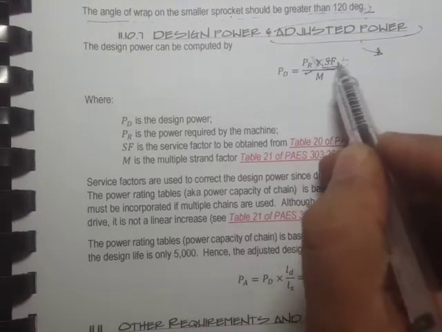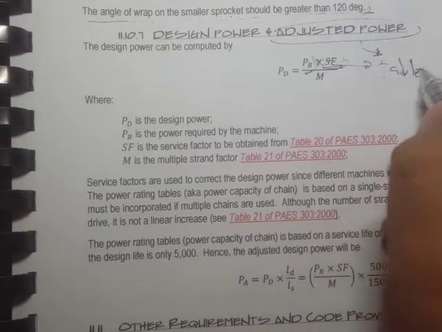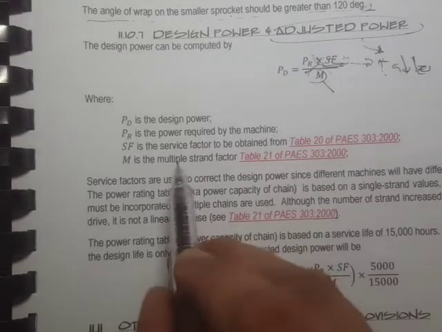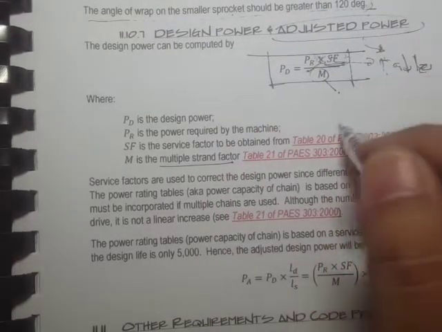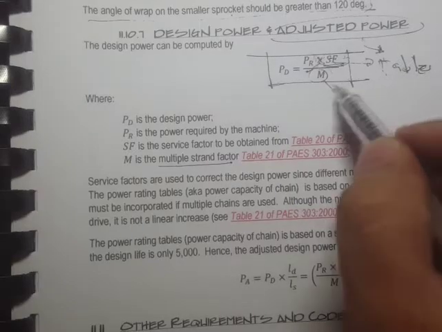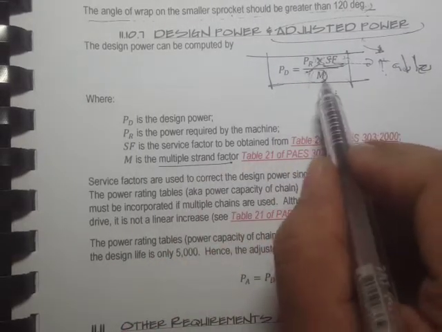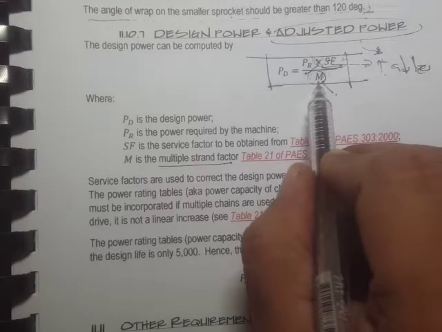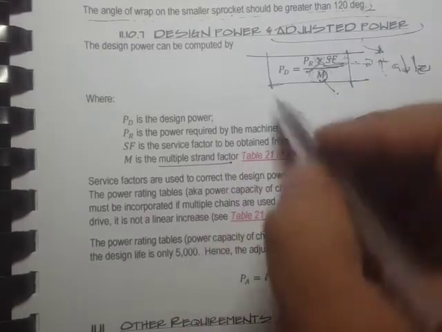Okay, so for the service factor, again, we are going to refer to tables, right? And this M right here is what we call the multiple strand factor. In our PAES and some references, this multiple strand factor appears in the denominator, but in some references I've found that this appears in the numerator.